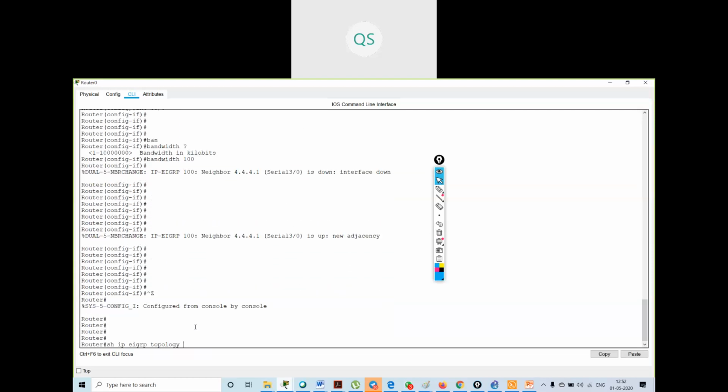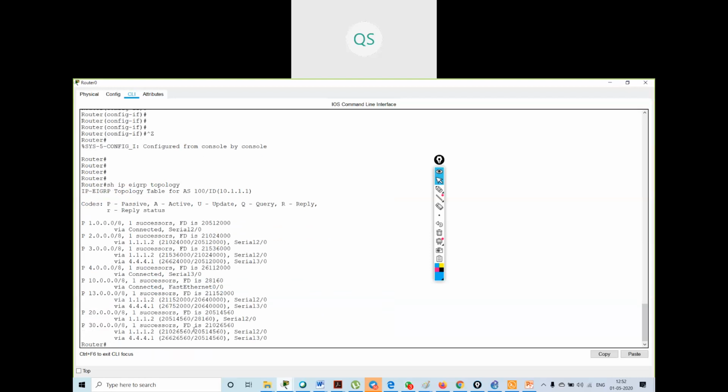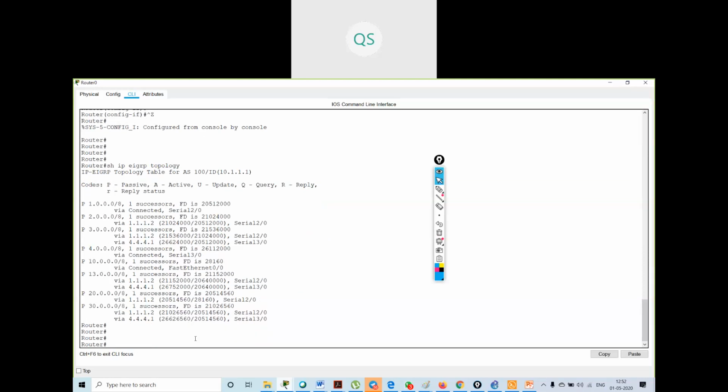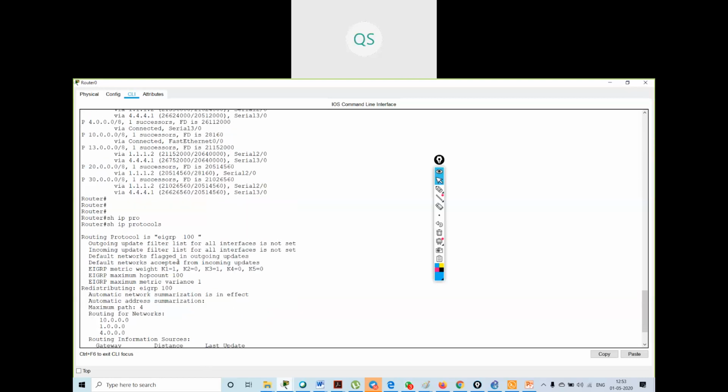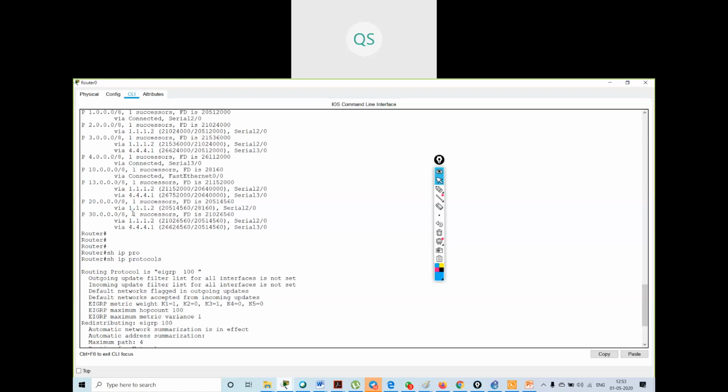Now if I verify with show ip eigrp topology, I see only one successor with this FD value.